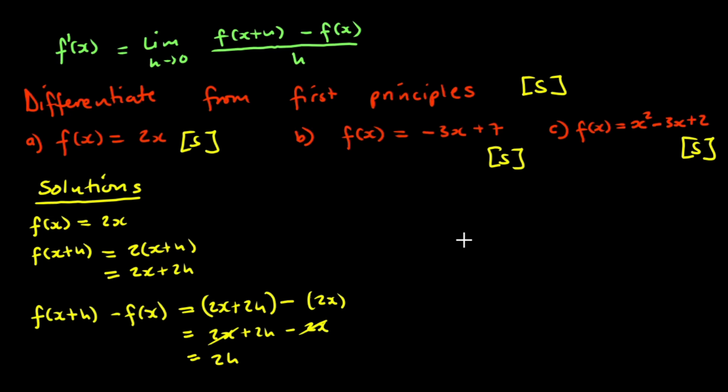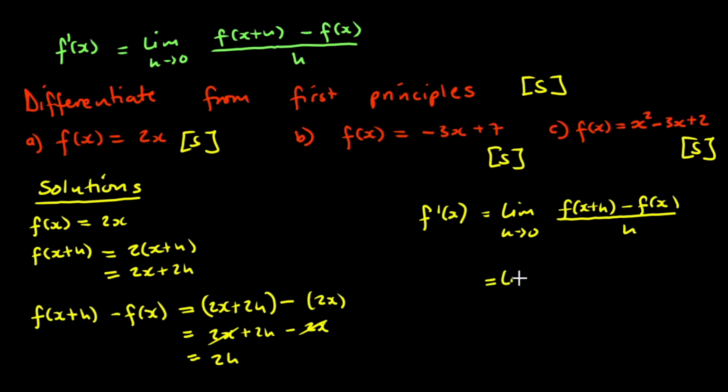So now let's go and apply it into our formula. f prime of x is equal to the limit as h goes to 0 of f of x plus h minus f of x all over h.